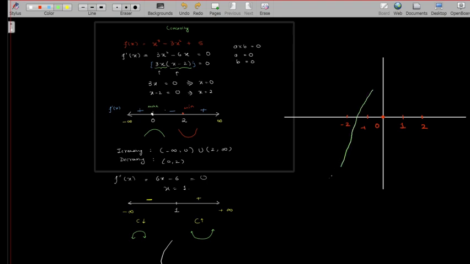And at 0, it will change its behavior from increasing to decreasing. It will start decreasing, but its shape will still be concave down all the way up to 1. Then from 1, its shape will change to concave up, but it will still be decreasing all the way up to 2.